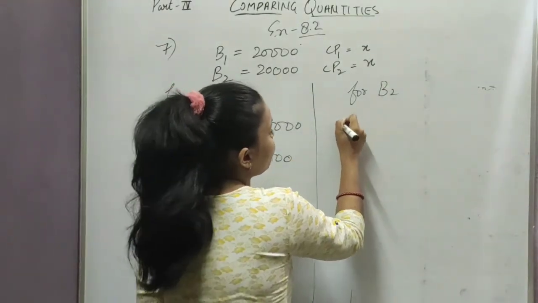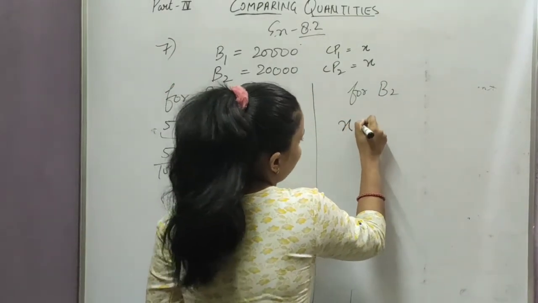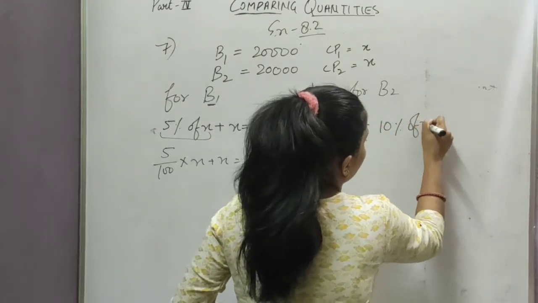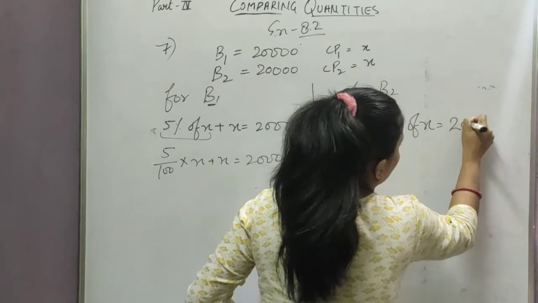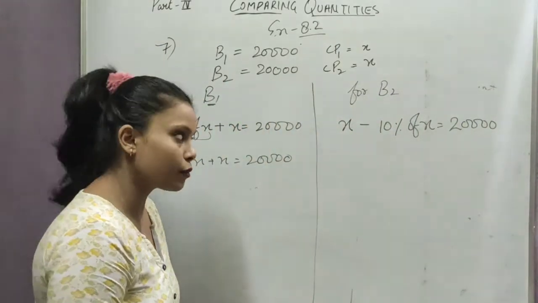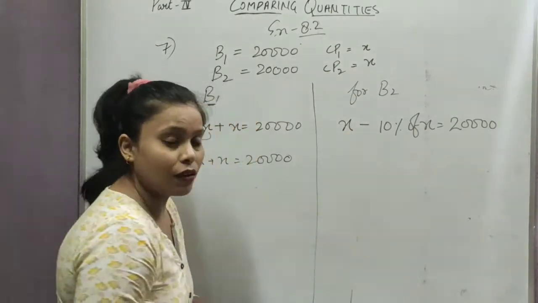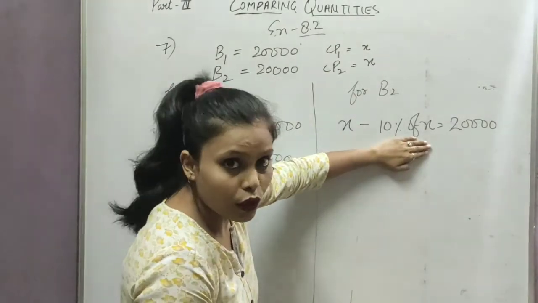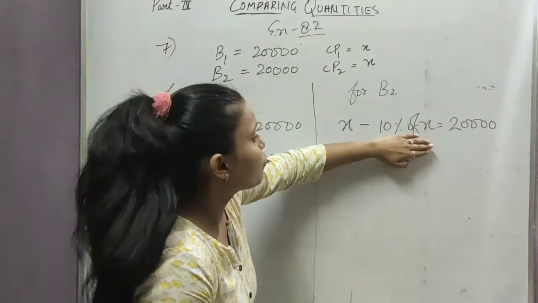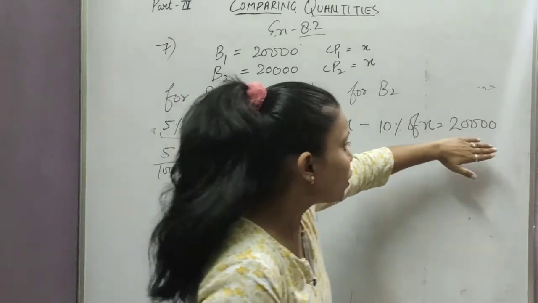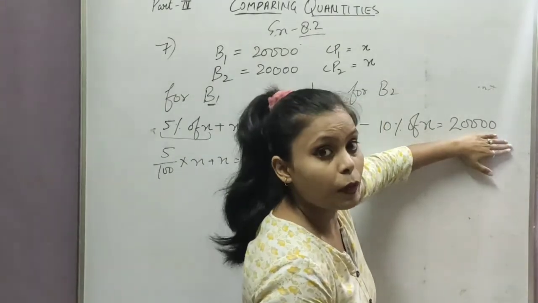So X minus 10% of X is equal to 20,000, right? We got loss, so loss will be subtracted from the CP. If we subtract the loss from the CP, then only we will get the SP, right?